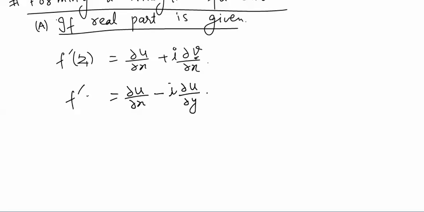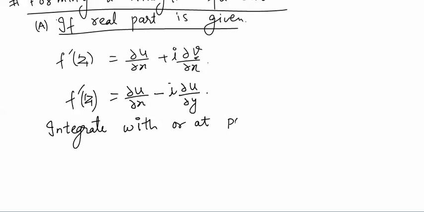Now this is f'(z). We wanted the analytic function f(z). So we'll integrate at the point (z, 0). If we integrate this at the point (z, 0), we'll get the answer.